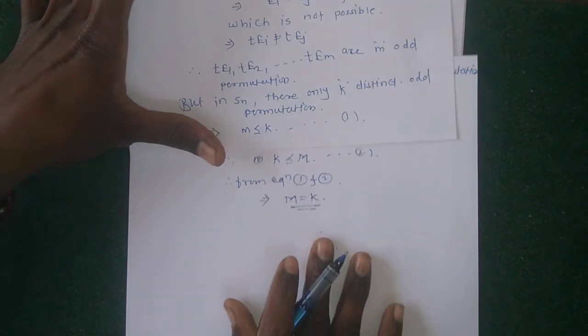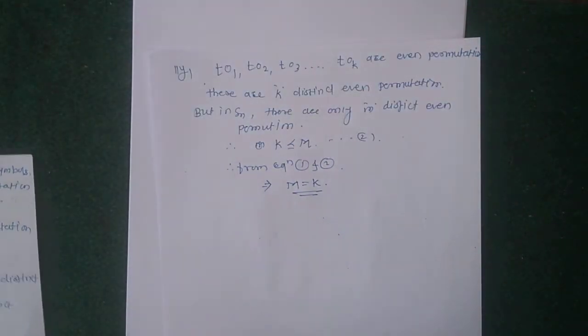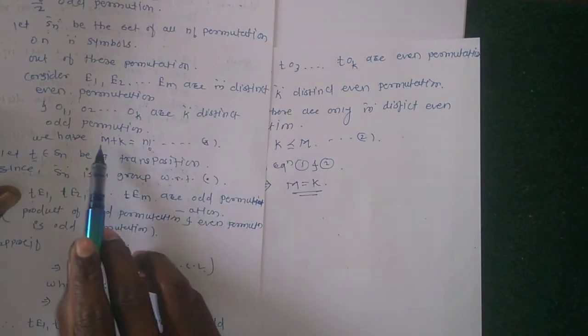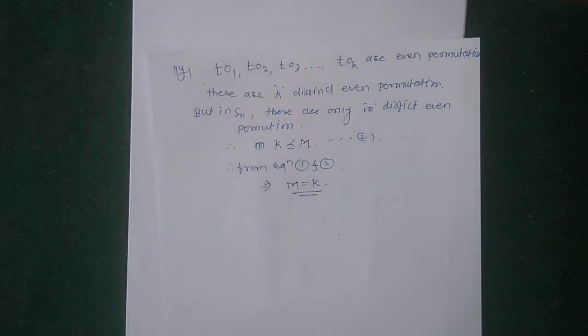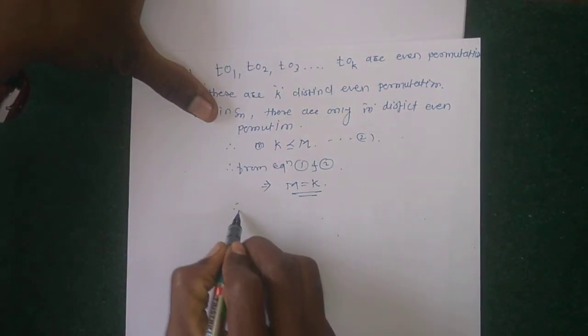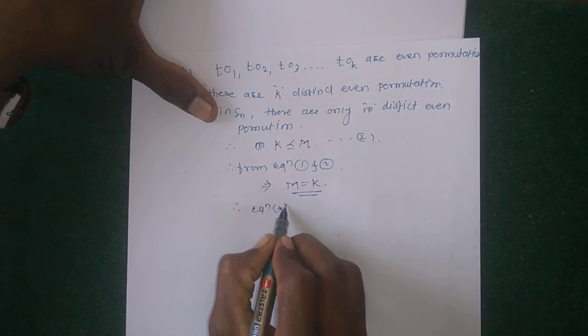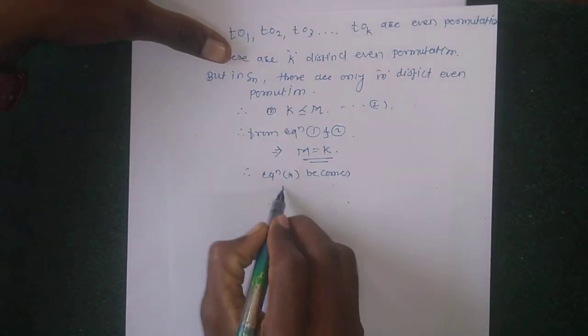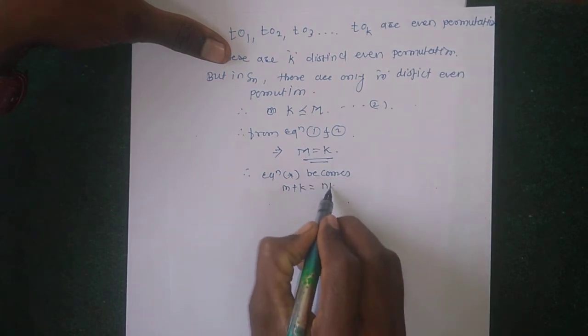Therefore from equation star, m plus k equals n factorial.